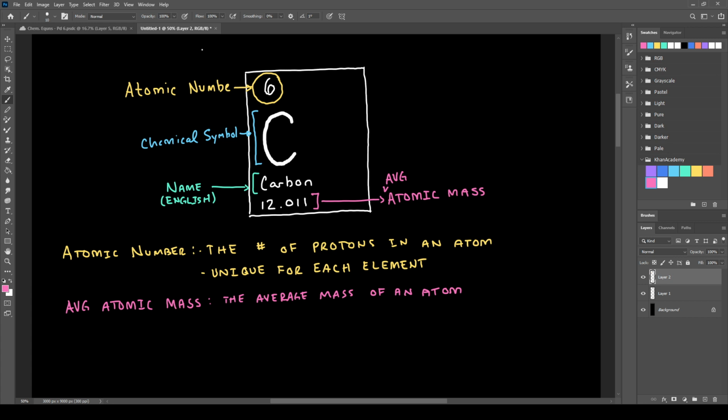But for now, just to review, we have the atomic number at the top, followed by the chemical symbol, the name in English, and at the bottom, the average atomic mass, which you can remember as a decimal because it's mass. We'll recap there, and that's it.